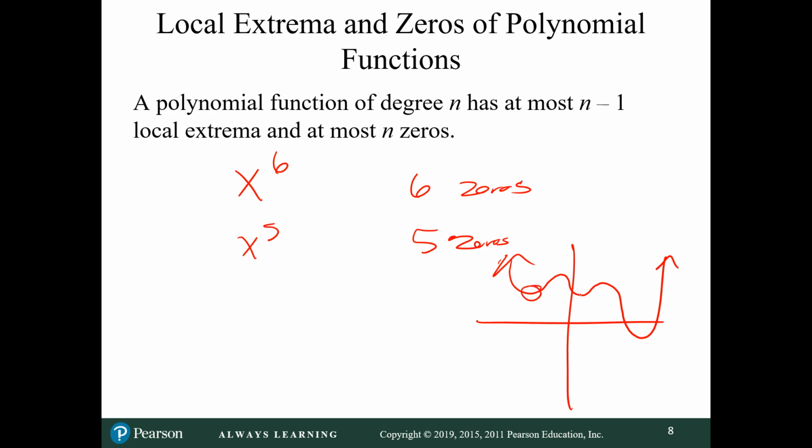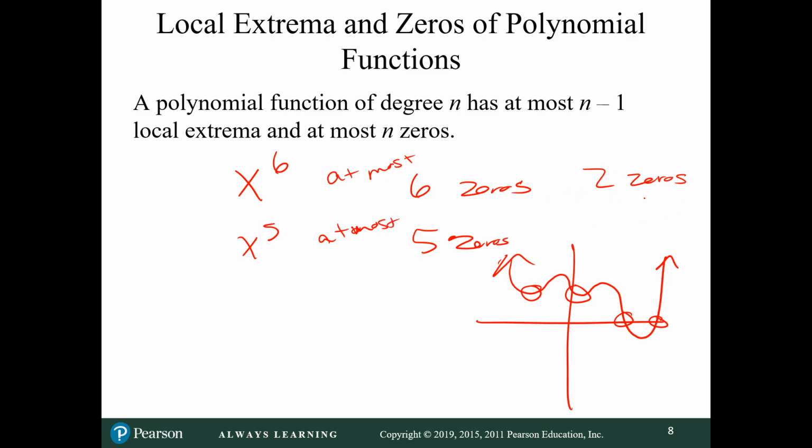These are imaginary zeros because they don't hit the x-axis. So this one would only have 2 zeros because it only crosses the x-axis twice. These other humps, if they crossed the x-axis, then we'd have more intercepts. So there's at most 6 zeros, and in a fifth power, at most 5 zeros, okay?